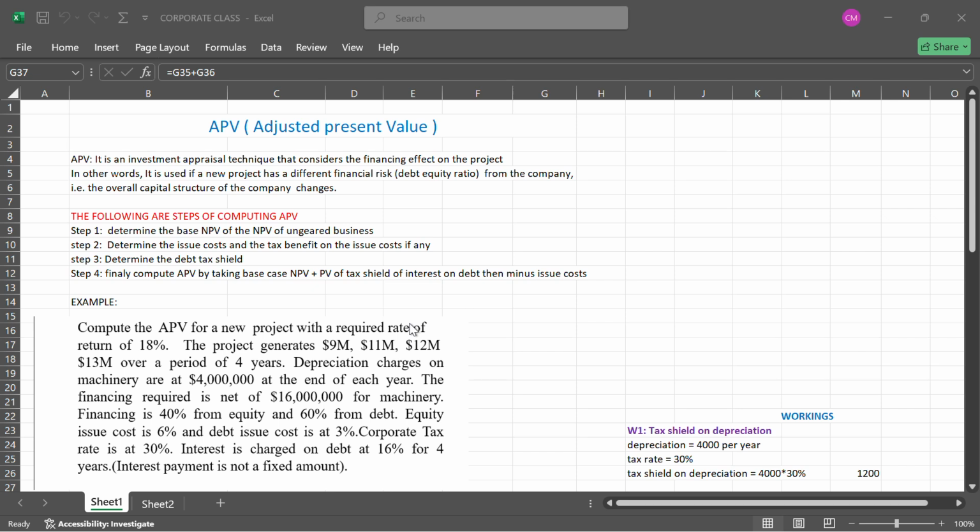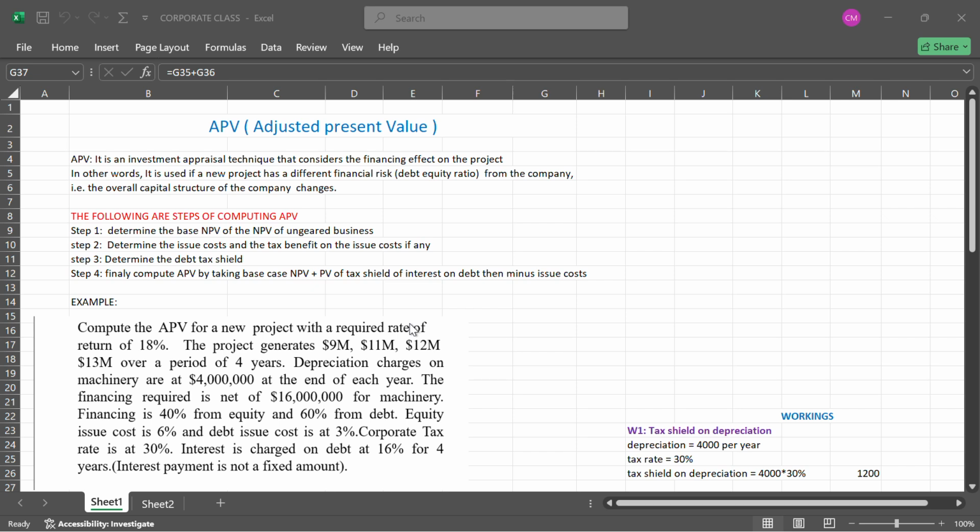After that you compute the present value of the tax shield. You normally use an annuity when the interest is paid as a constant amount each year. You can use the present value interest factor annuity when there is a fixed interest rate. It means that your interest must be paid in equal amounts each year.